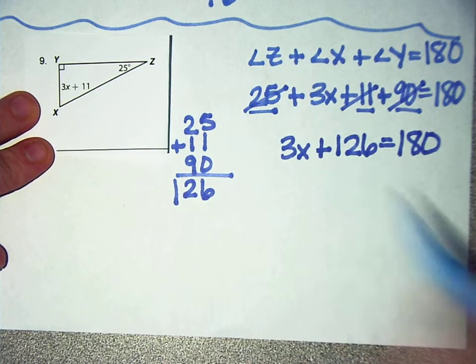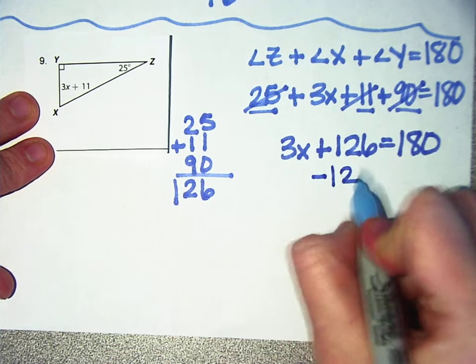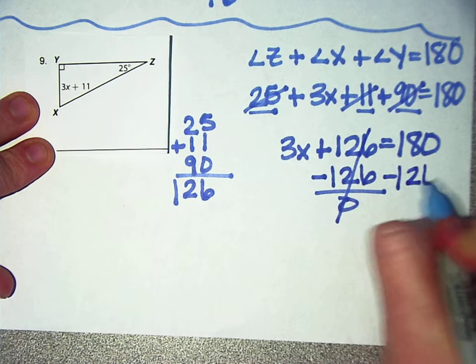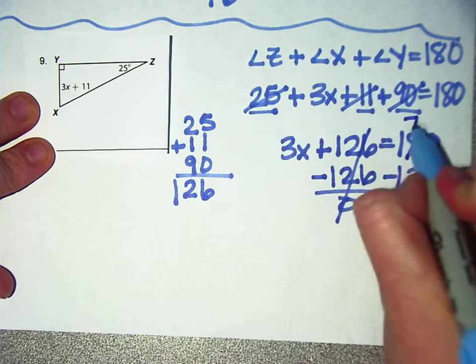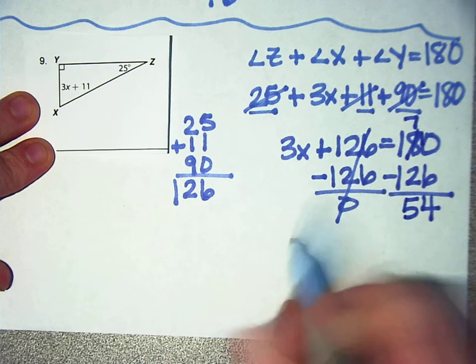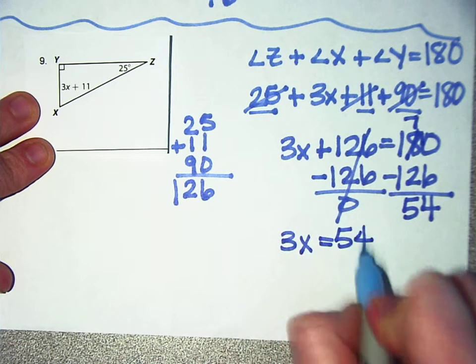So we're going to stick with our subtraction or addition first. We're going to subtract 126 from both sides. Can't take from 0, so we're going to borrow from the 8. So we've got 3x equals 54.